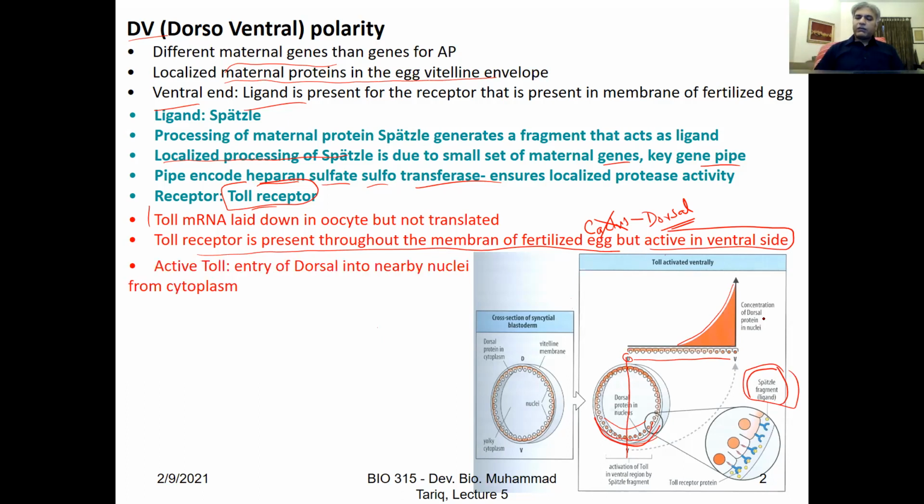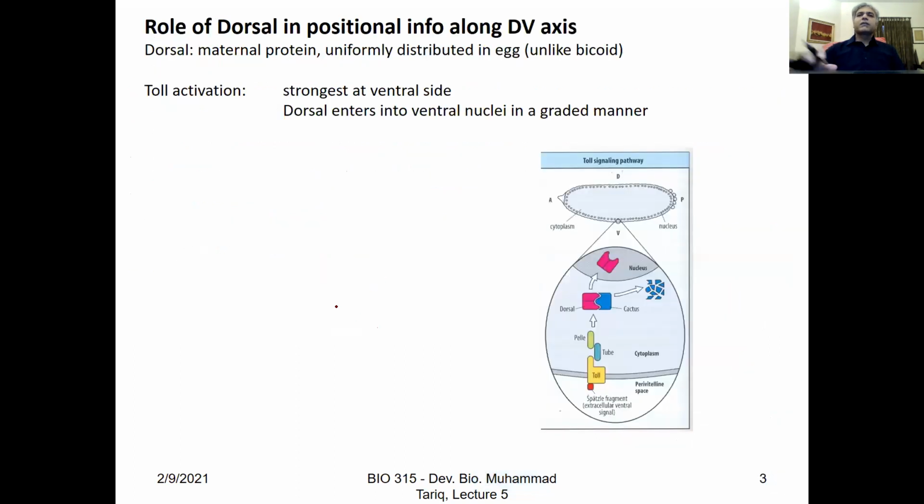And when you have active toll, you have movement of dorsal into nearby nuclei from the cytoplasm. So this cartoon shows you dorsal held by cactus, in the absence of activation of toll signaling.